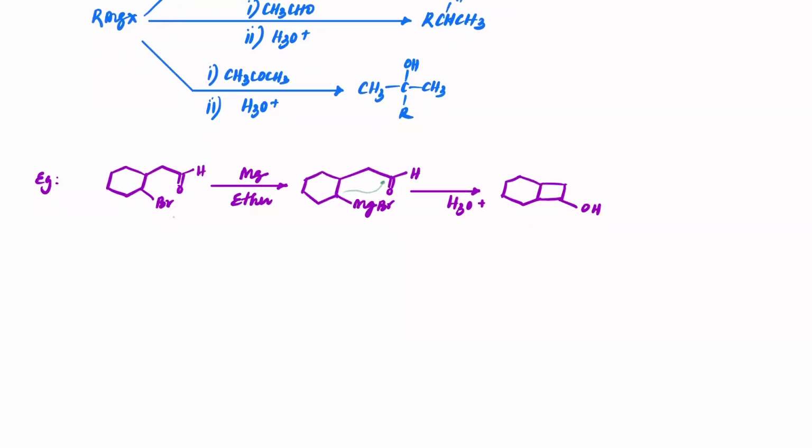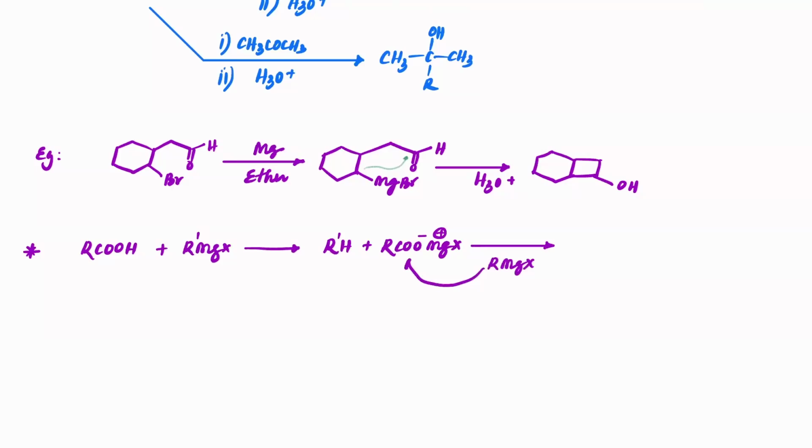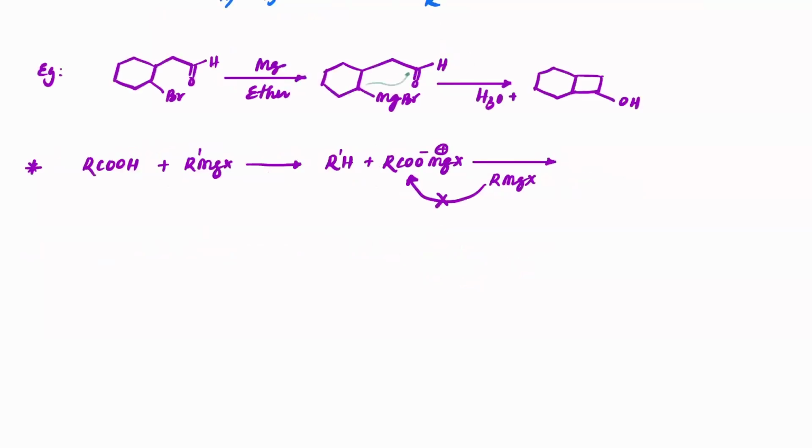What if you use acids or acid derivatives with Grignard's reagent? When an acid reacts with RMgX, basically you'll get R'H and RCOO minus MgX plus. The problem here is that magnesium does not polarize the O minus so strongly that a second mole of RMgX could attack. Let me put this as a note.